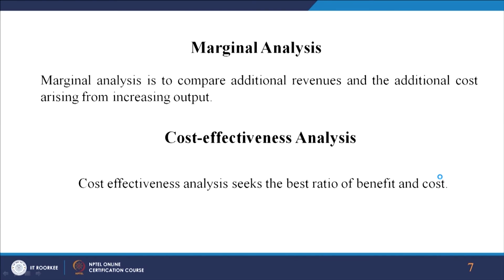In cost effectiveness analysis, this becomes very important: how you are comparing the benefit and the cost. Whatever benefits you are seeking from that particular cost effectiveness analysis, in that case we will take care whether this decision is to be opted or not.